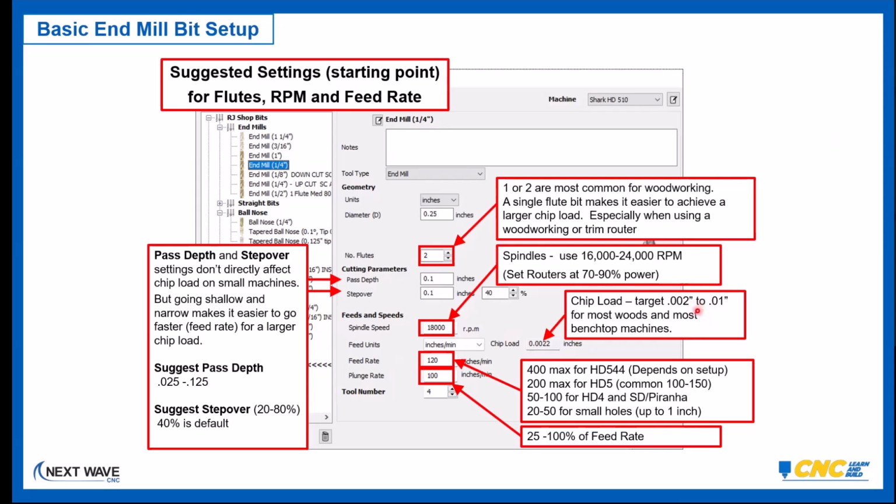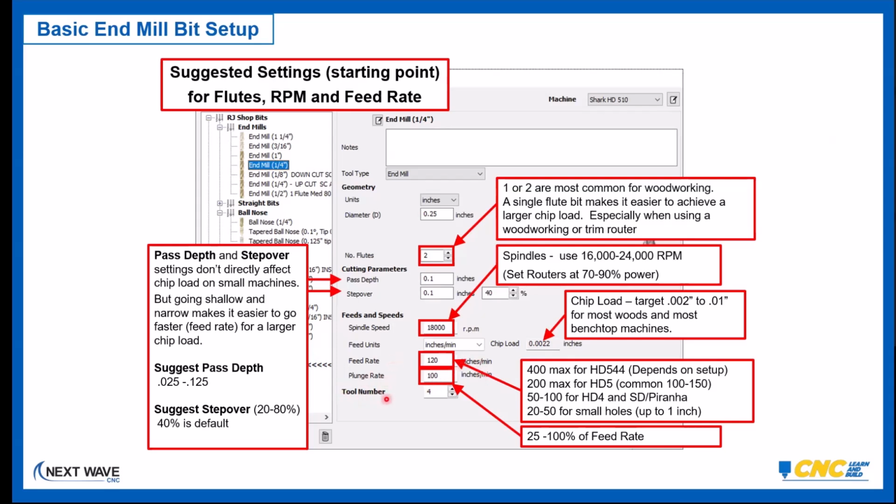But every so often, depending on your bit or the tool you have, you may be a little out of range on that. More often on your machine, you're going to be on the lower end of it. And that's just the way it is. Carbide bits are pretty tough. Unless they're actually turning black, they're probably not overheating too badly.